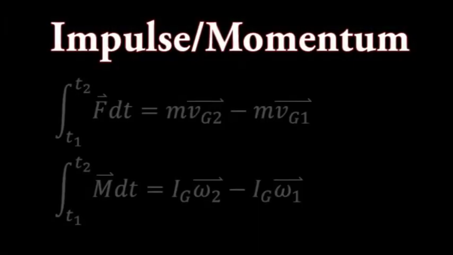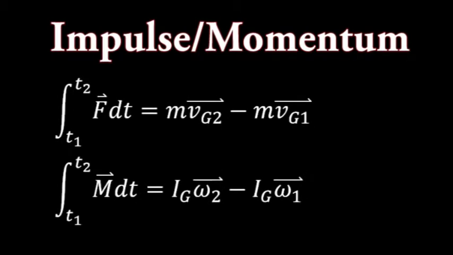These equations state that the linear impulse, which is defined as the integral of force over time, is equal to the change in linear momentum of the center of the body, which is defined as m times the velocity of the center of mass.